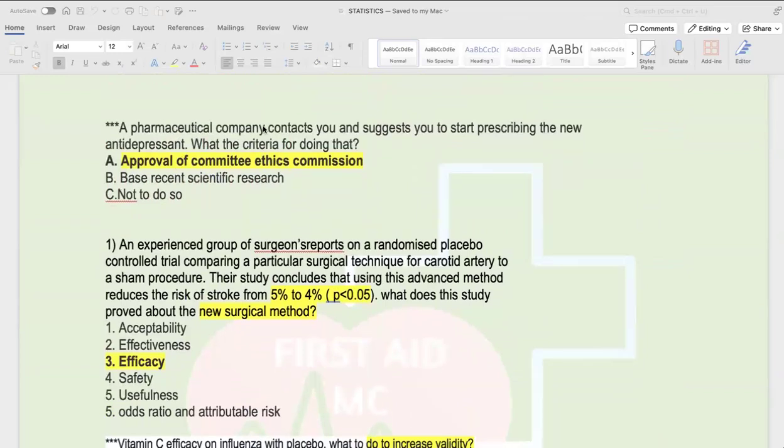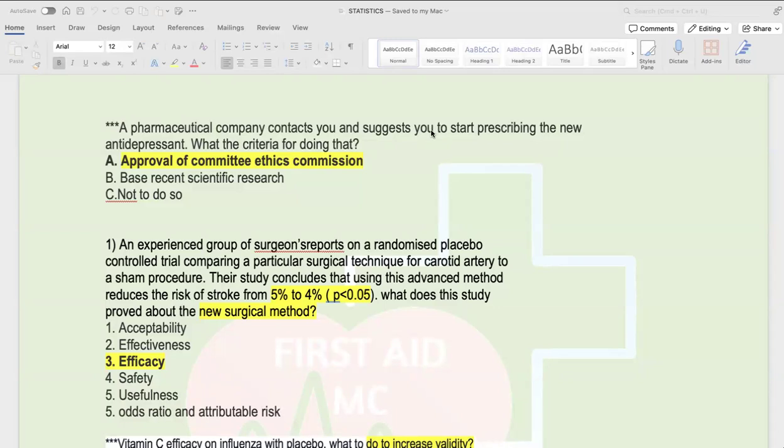A pharmaceutical company contacts you and suggests you start prescribing the new antidepressant. What criteria will you first look at? So for any new drug, the first thing you check before you start prescribing it is whether this is approved by the ethics committee.